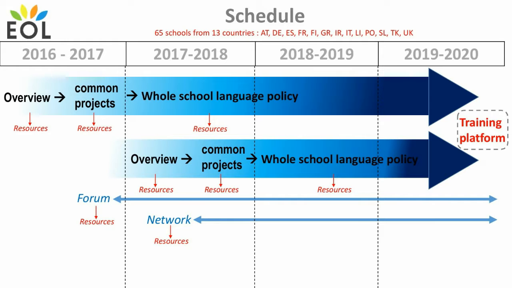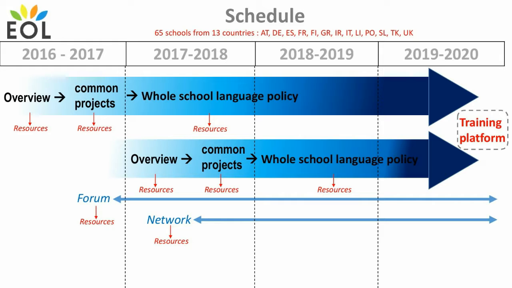We already said that we expect resources from you, which is our treasure, and as you can see, everything is interesting for us. The overview is interesting, the common projects you are making are very interesting, and of course the design of a whole school language policy.